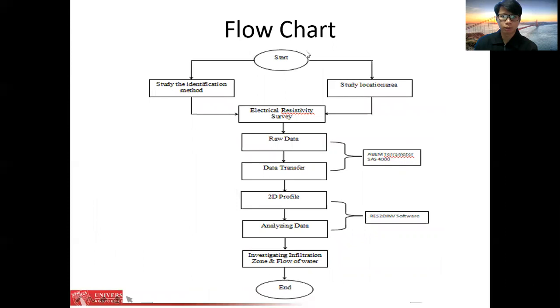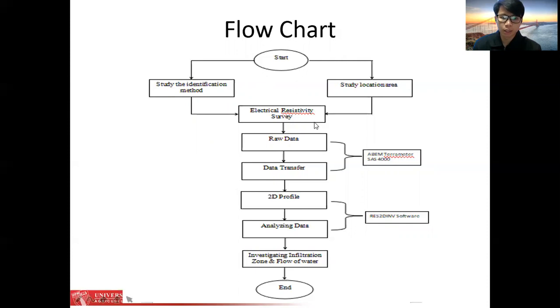For my project, I will study the identification method, which is the ERT method, and study the location area to find the best place to do the survey.